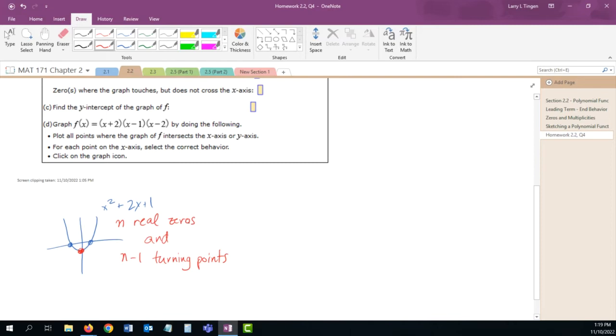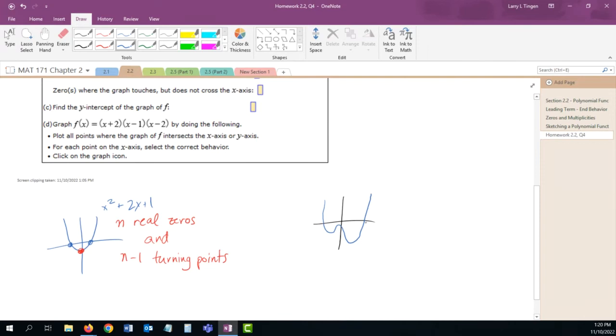Okay, and this is at most. It doesn't mean it has to happen, at least for the turning points, for the real zeros, but the turning points are helpful. So if I go down, up, okay. If I just look at the zeros now, it looks like I have 2 of them.